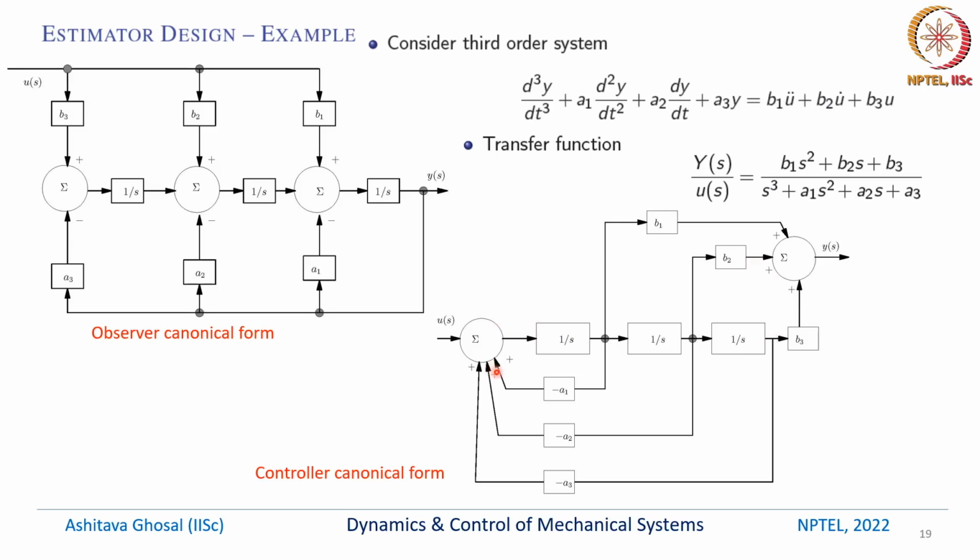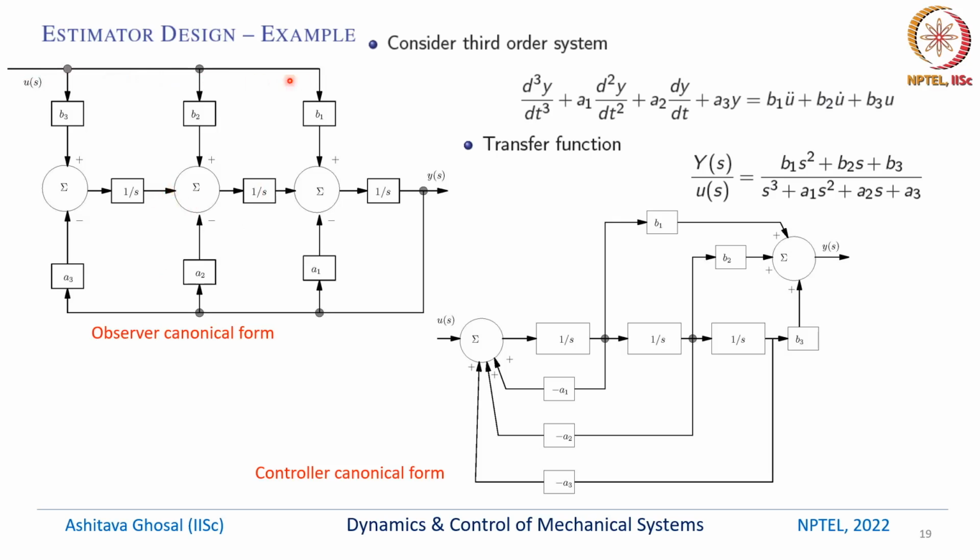In the controller canonical form, if you go back and see your notes or previous slides, the block diagram looks like this. So we have an integrator, another one, and then we have B1, then this is B2, and then this is B3, and then there are these feedbacks of minus A1, minus A2, minus A3. We can also derive another block diagram which looks like this.